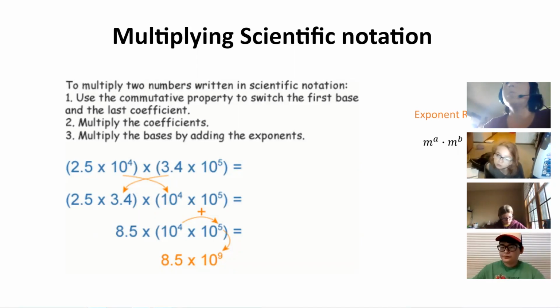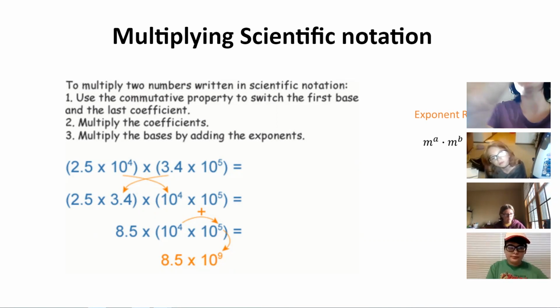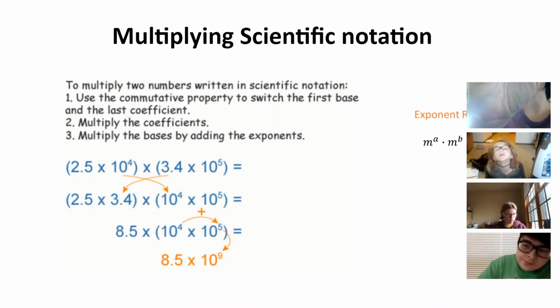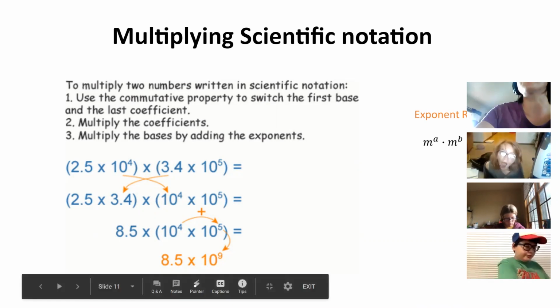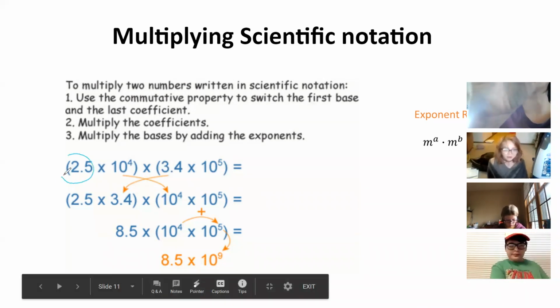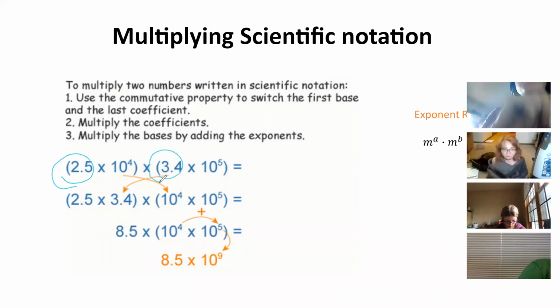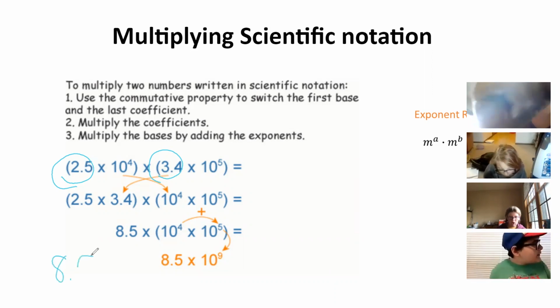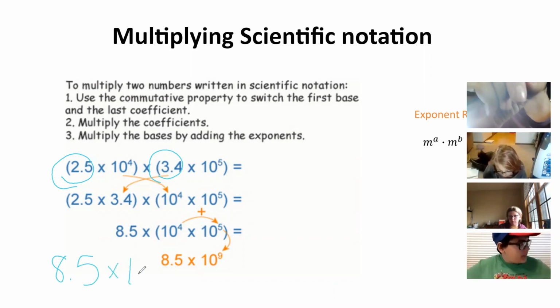But for the rules, when you're multiplying with exponents, you're going to multiply the actual numbers. So the only actual numbers we're multiplying are 2.5 and 3.4. And for me, I would honestly use a calculator because that's totally fine. 2.5 times 3.4 gives us 8.5. And then for the exponent part, you're definitely going to have a times 10.